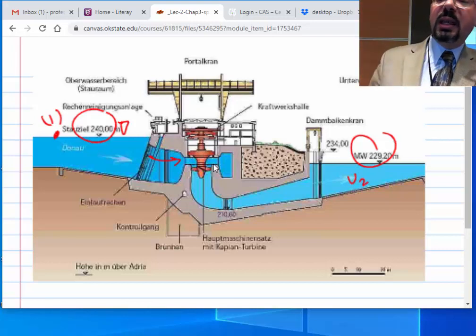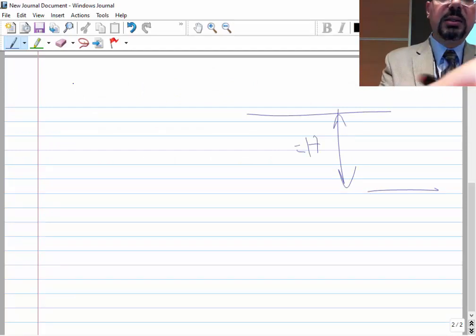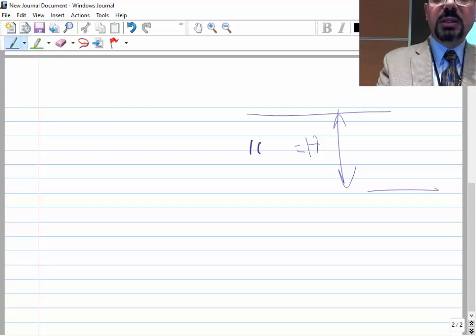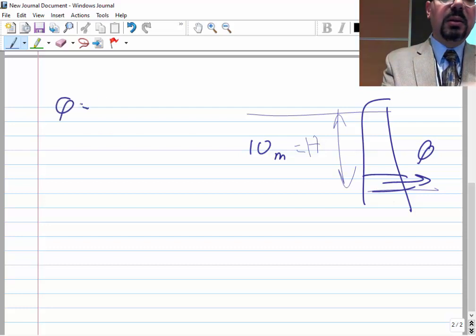So in this case, H is 10 meter, before and after, and the flow rate that we allow to go through, Q, is 10 meter cube per second.